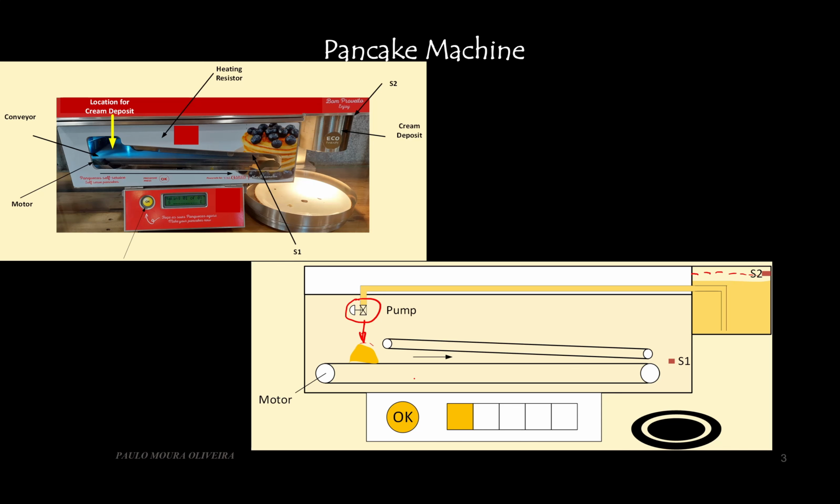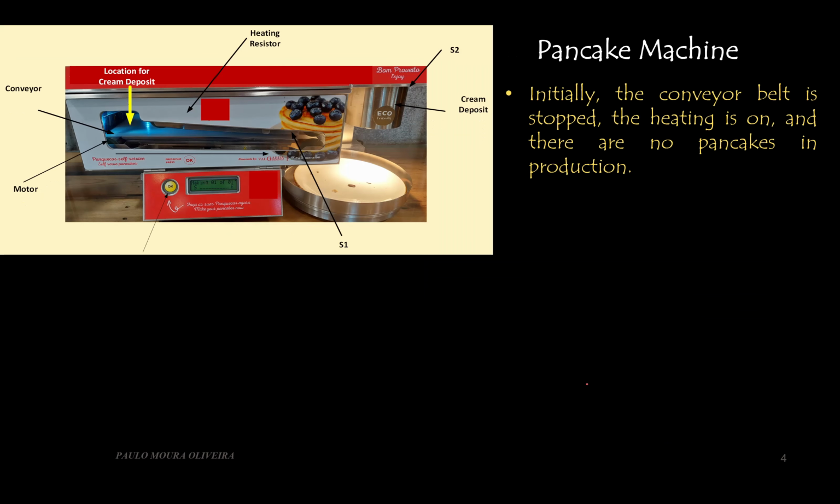And also we got a sensor here that is going to detect that the pancake has passed through. So we are going to consider that initially the conveyor belt is stopped, the motor is stopped, and you are not going to be concerned about the heating, because there is a heating process here to make the pancakes, and we are going to consider that there are no pancakes in production.